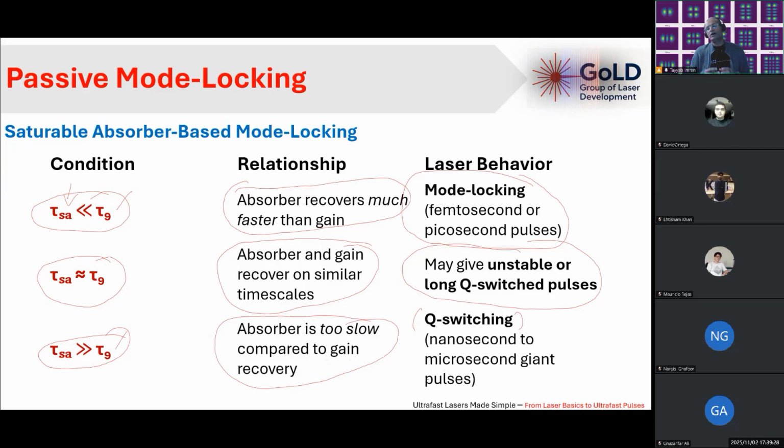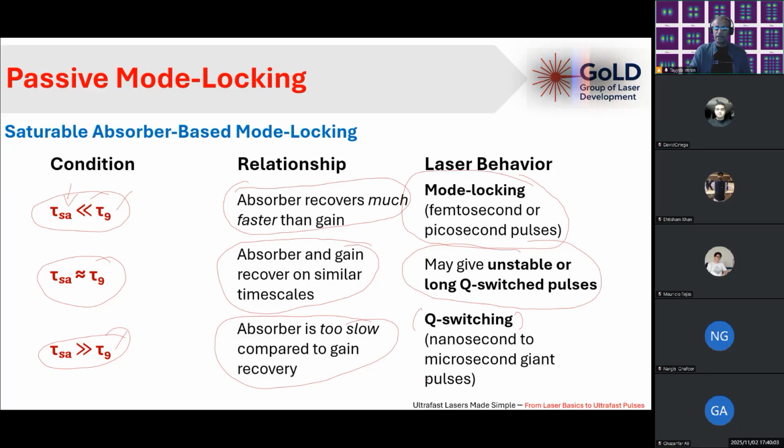So if the recovery time is less than the gain decay time, we can get mode-locked pulses. If the decay time and the recovery time are almost equal, we get unstable Q-switched pulses. But real Q-switched pulses we get when the recovery time is greater than the gain medium's decay time, and in this case we get Q-switched pulses of nanoseconds to microseconds.